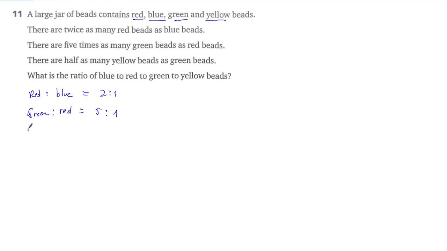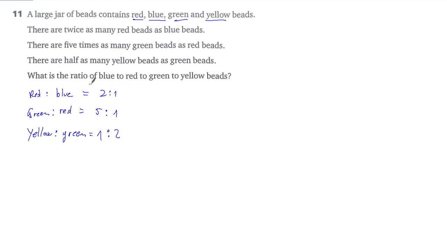So we can write yellow to green. So the ratio of yellow beads to green beads will be 1 to 2. Why? There are half as many yellow beads as green beads, which is the same as there are twice as many green beads as yellow beads.